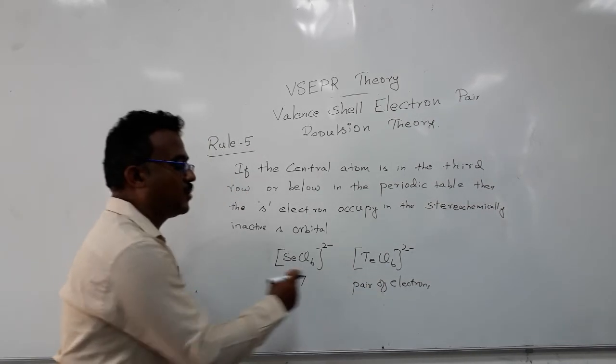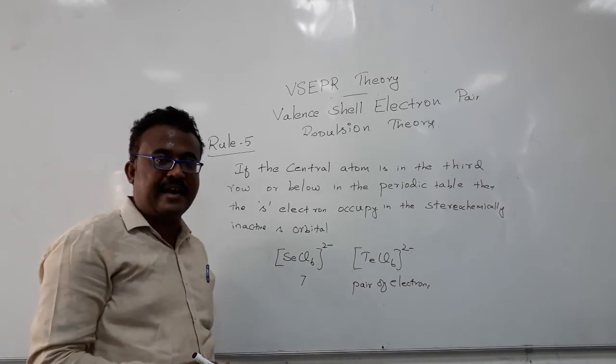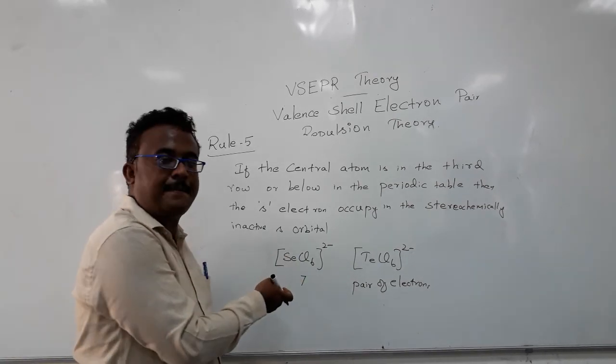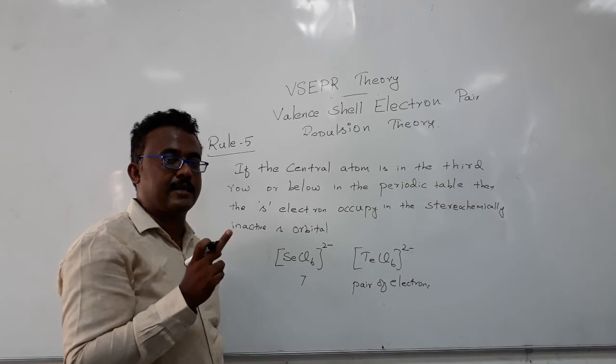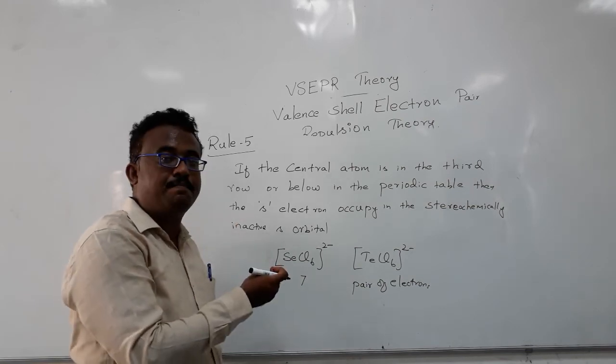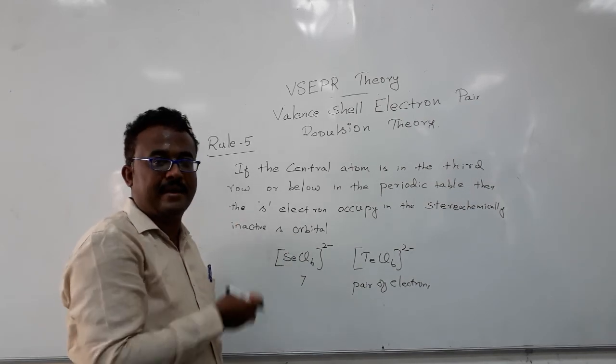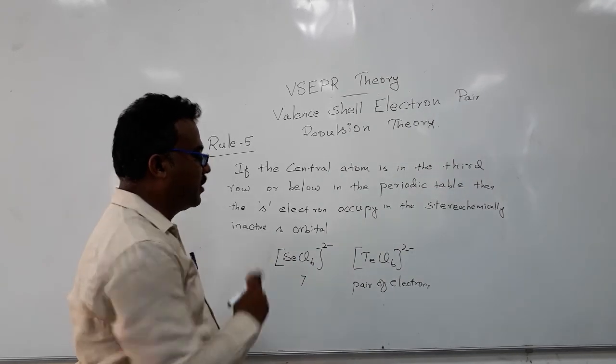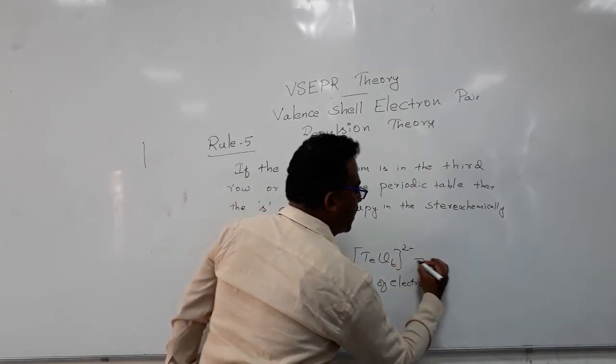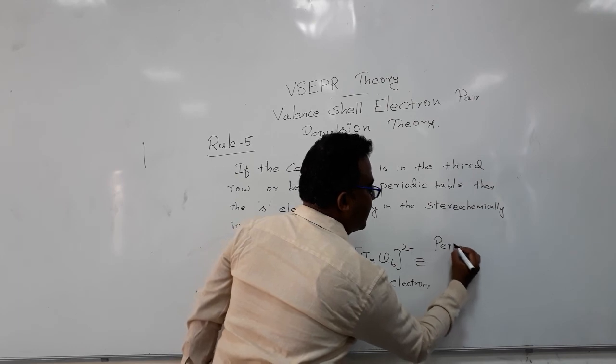Out of 7 pairs of electrons, we would expect 6 bonded pairs of electrons and 1 lone pair of electrons. So the geometry should be distorted pentagonal bipyramidal. But actually both of them have a perfect octahedral geometry.